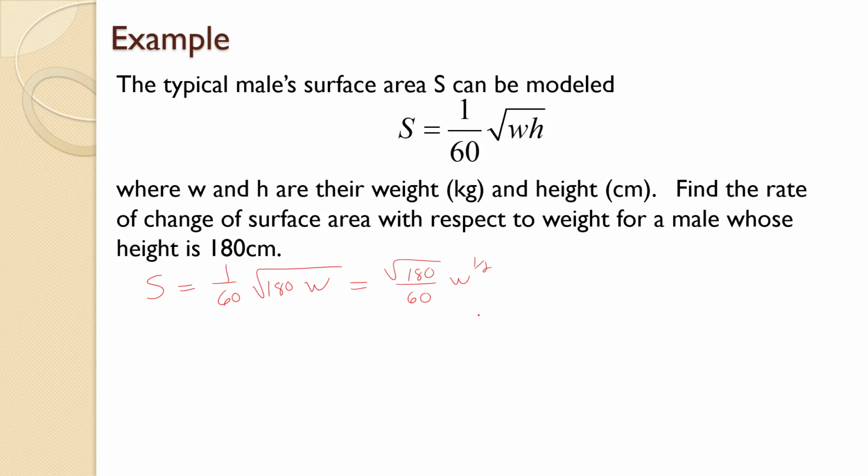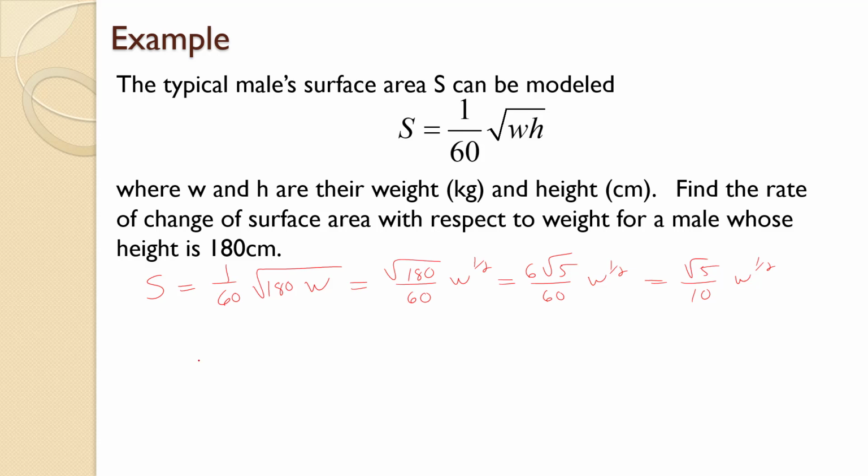But the square root of 180 is divisible by 36. So that would be the square root of 36, 6, times the square root of what's left over, 5, all over 60, times W to the 1/2 power. So that is the square root of 5 over 10 times W to the 1/2 power. Okay, great.